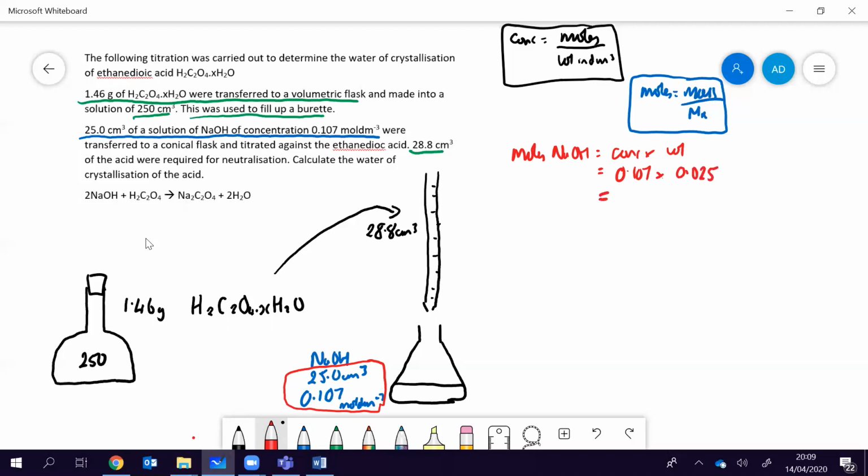So that's going to be equal to 2.675 times 10 to the minus 3 moles. Now let's look at our equation. So 2 moles of NaOH react with just 1 mole of that. It's a 2 moles to 1 mole ratio.